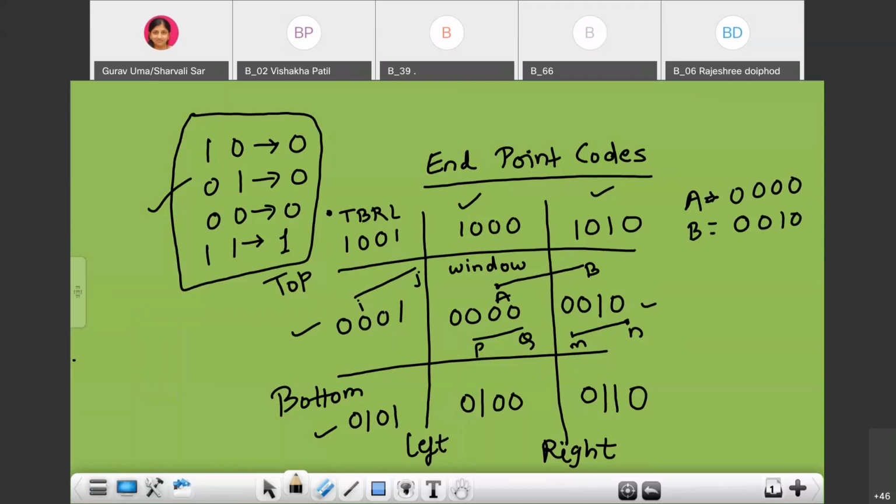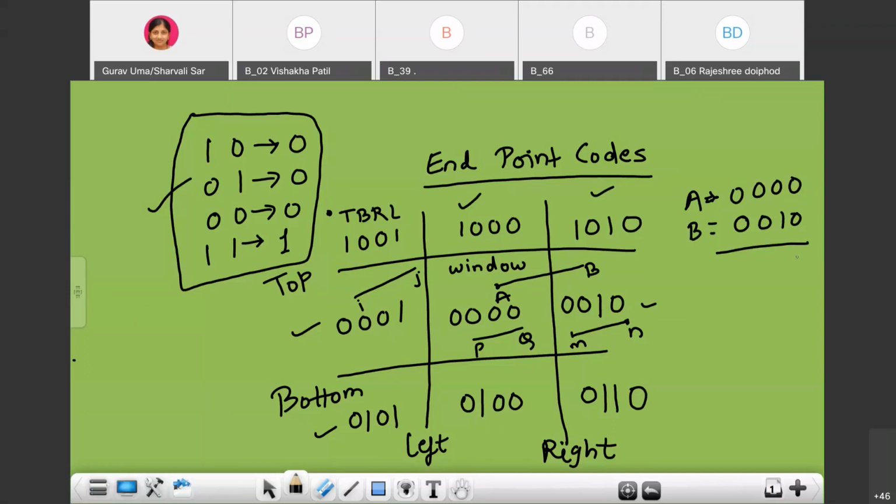These two points are different, A and B are different. So now I need to find the intersection of line AB.